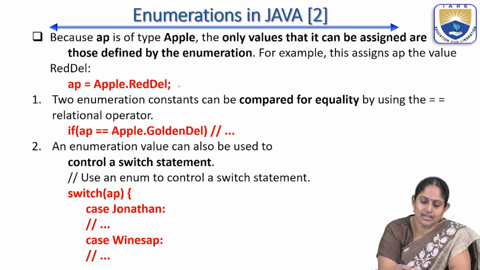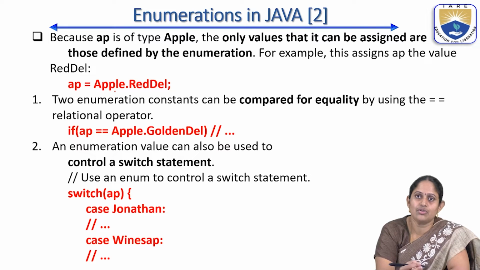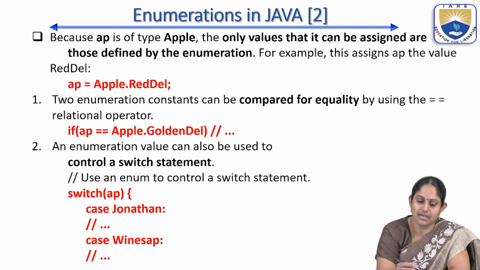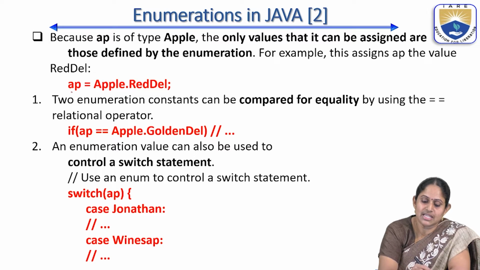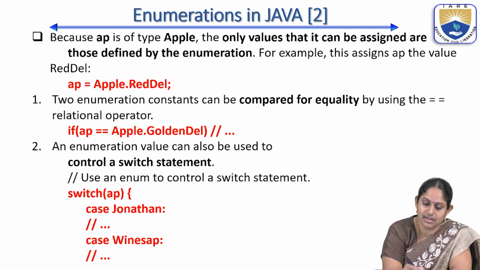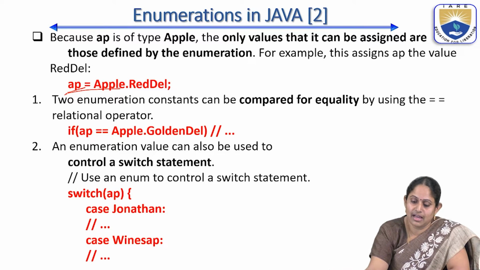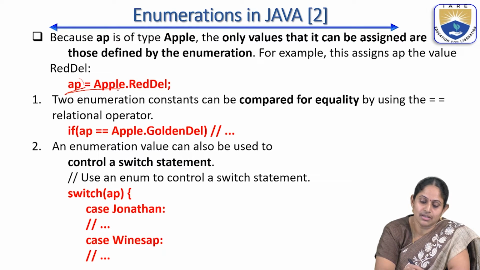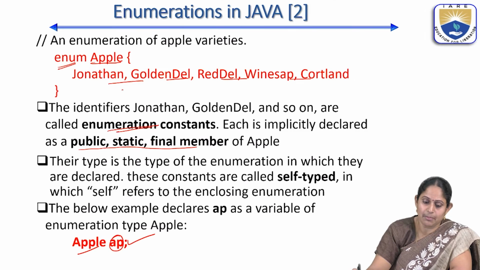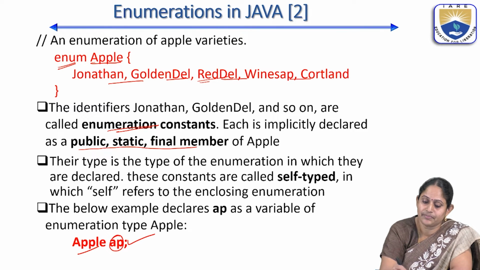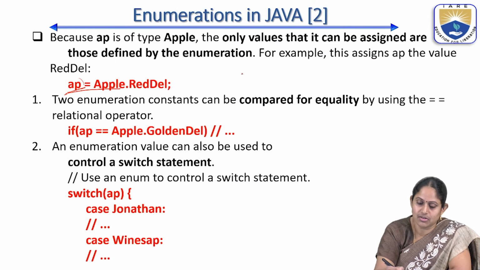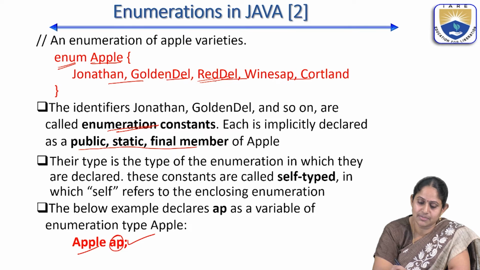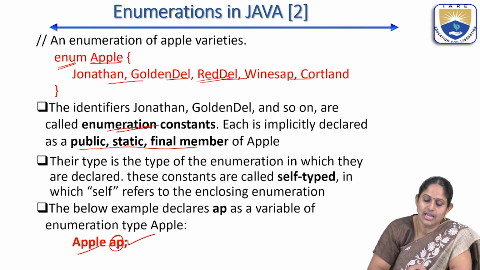Now we have seen how to create an enumeration variable. Now we assign some enumeration value into it. These values can be assigned to that variable ap. So Apple.RedDel means the enumeration constant RedDel is being assigned into ap.